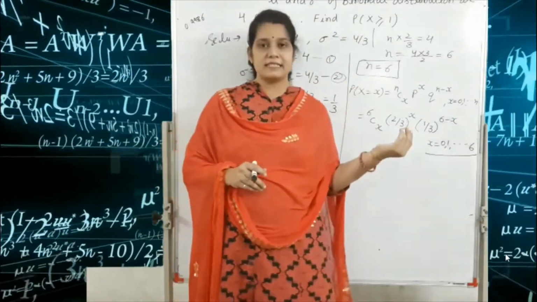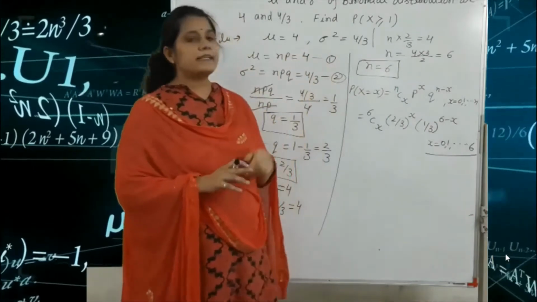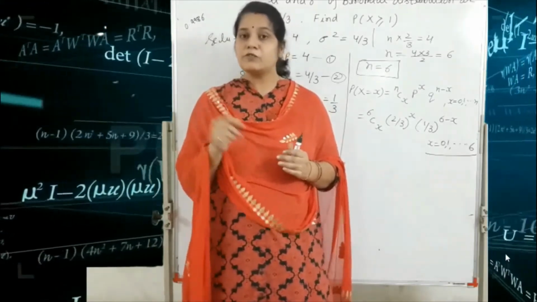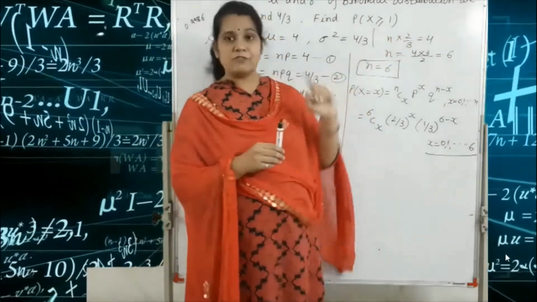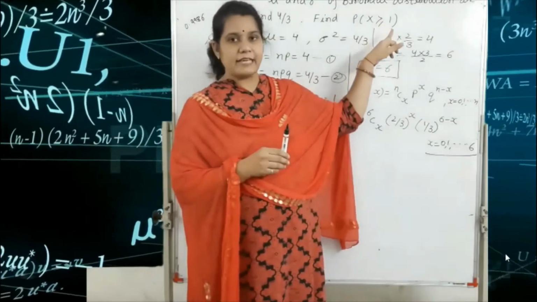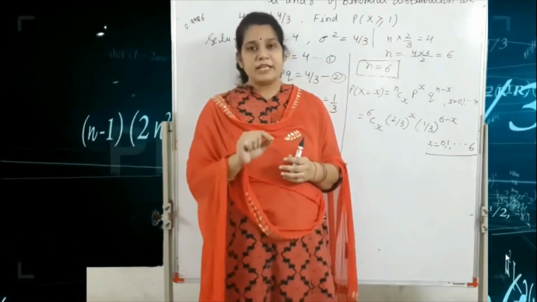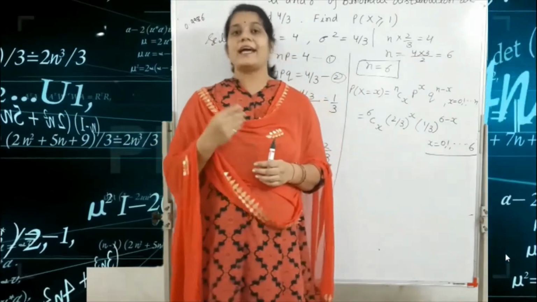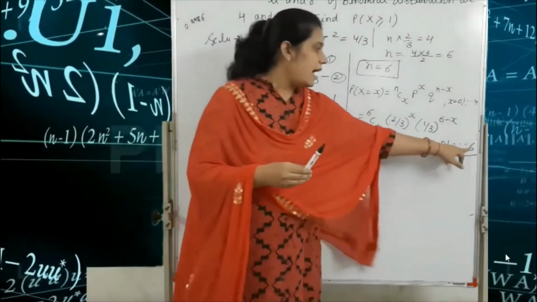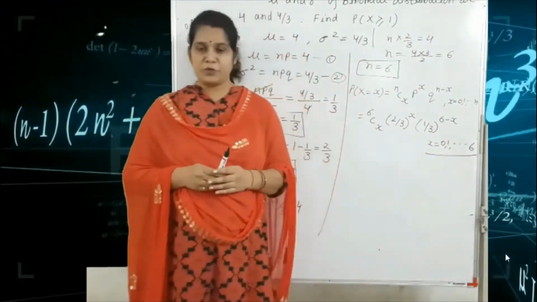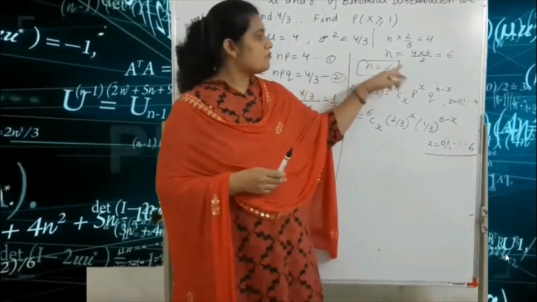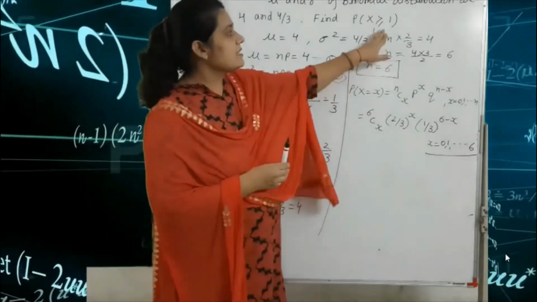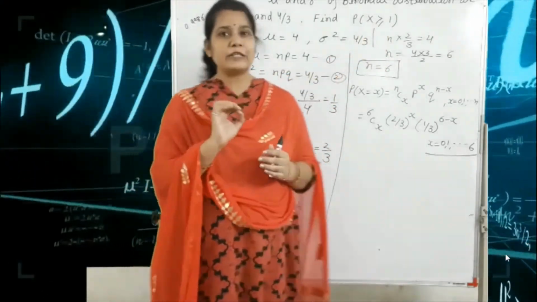Just like the previous example, if we find P(X ≥ 1), that means we find P(X = 1), because the equal to sign is also included in this greater than or equal to 1. So first we find P(X = 1), P(X = 2), P(X = 3) up to P(X = 6). So this is a very long process. So how do we find P(X ≥ 1)? That means in this term 0 is not included.